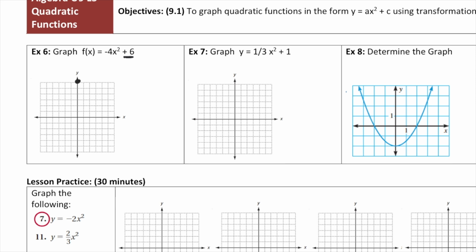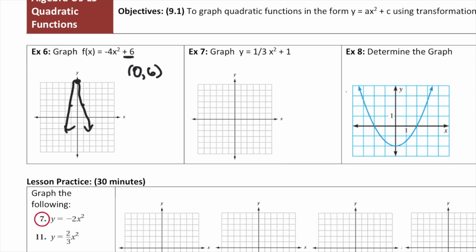So we're going to place the vertex at 0, 6. From the vertex, we know that our graph is going to go down 4 and over 1. So it made it a skinny graph. And also notice that the shape is a parabolic function, so put a curve around that edge.